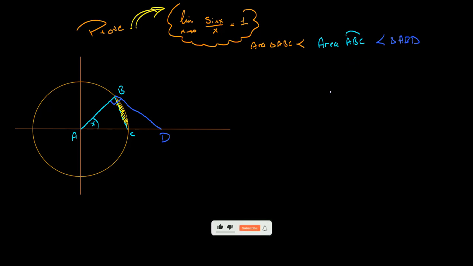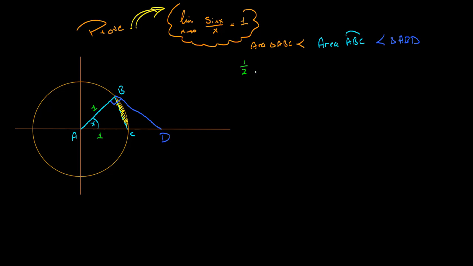Now our mission is to calculate the area of these three shapes. Don't forget that the radius equals 1, so this part equals 1 and this part equals 1. Concerning the triangle ABC, the area is half times two sides times the sine of the included angle.